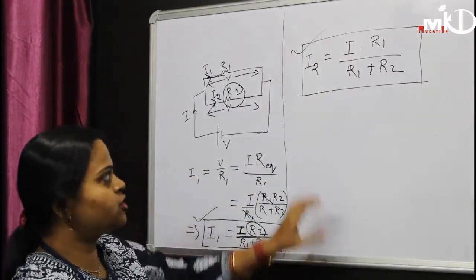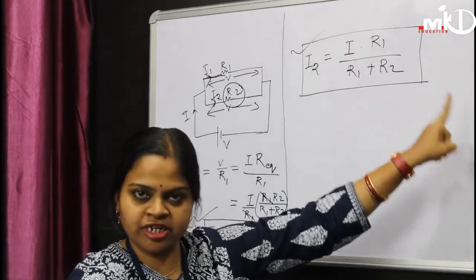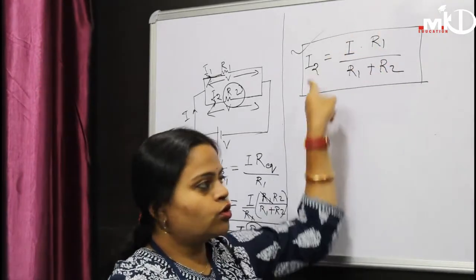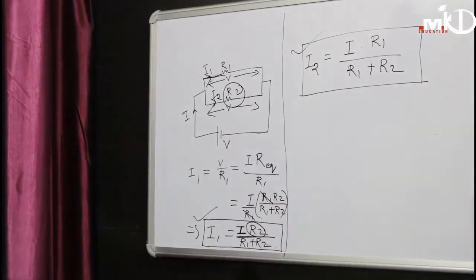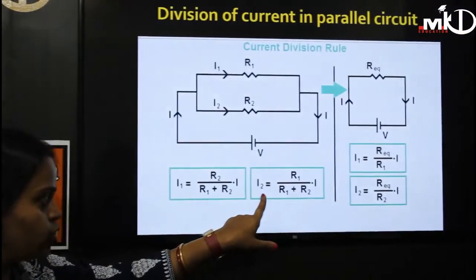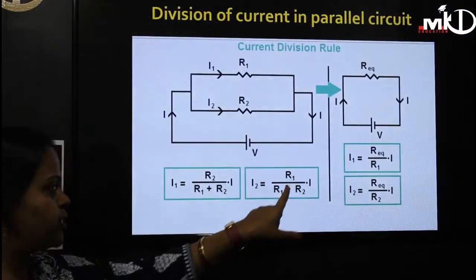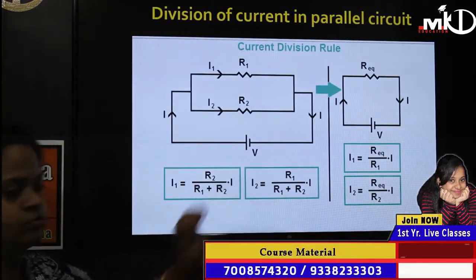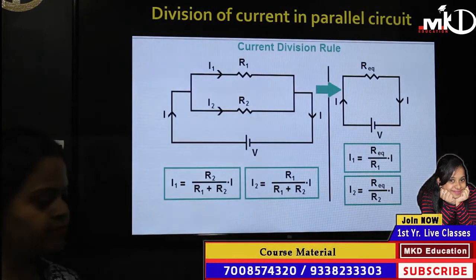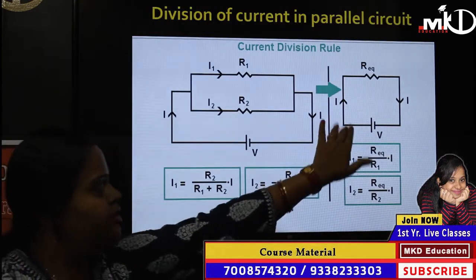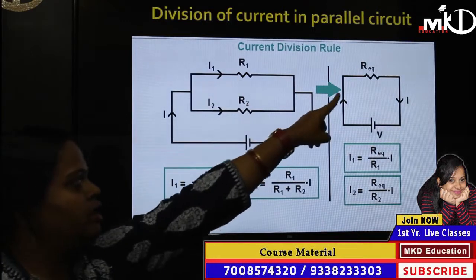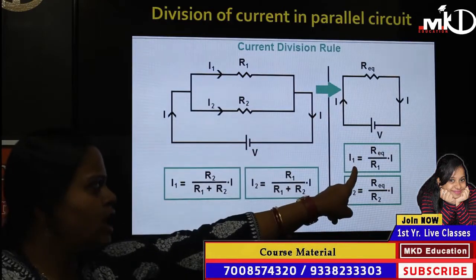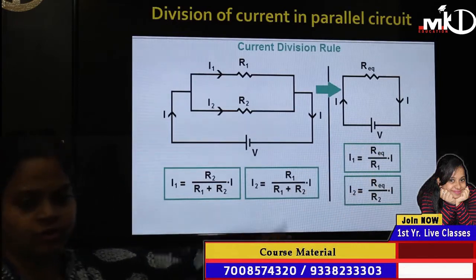One branch current means total current into opposite resistance by total resistance. So here is the formula. I1 is equal to I into R2 by R1 plus R2. I2 is equal to I into R1 by R1 plus R2. Okay, then that is the equivalent circuit. If we find the equivalent resistance, it is R equivalent, and I is equal to R equivalent by R1.